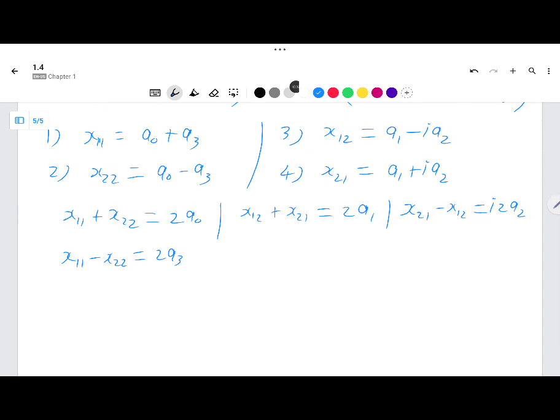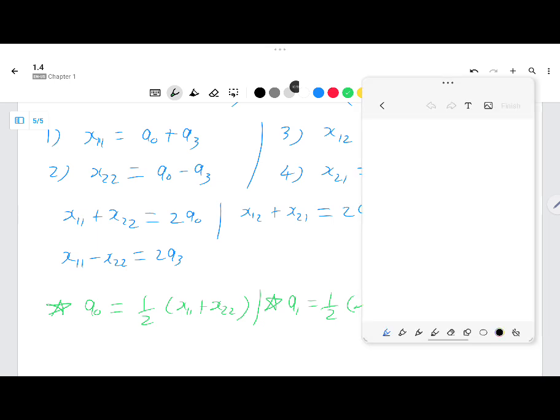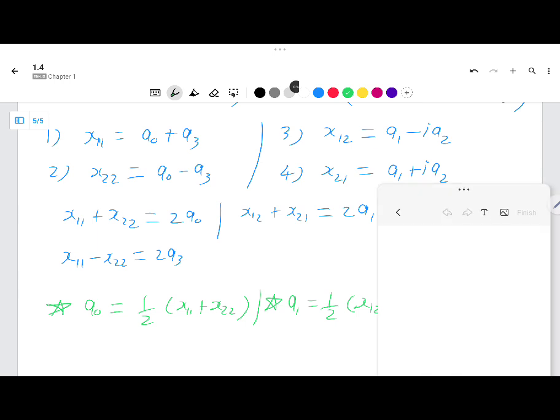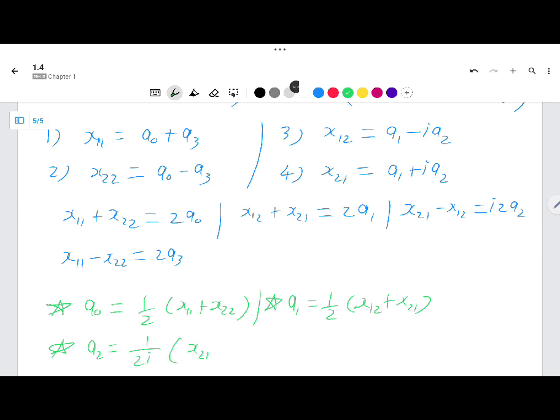So a0 is 1 over 2 times x11 plus x22. a1 is half x12 plus x21. a2 is 1 over 2i times x21 minus x12. a3 is half x11 minus x22.